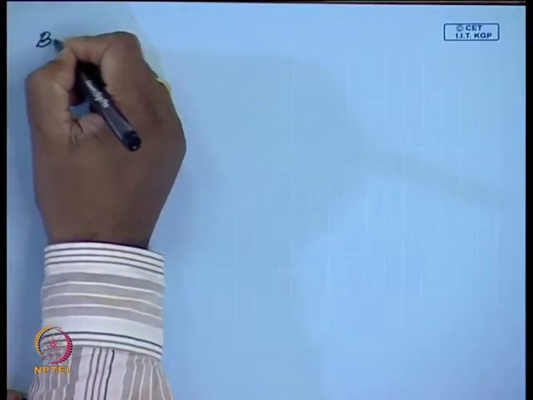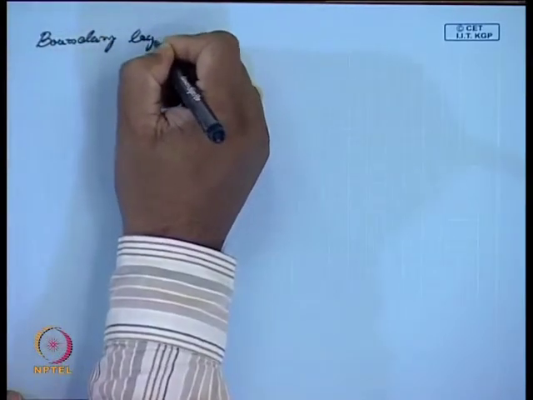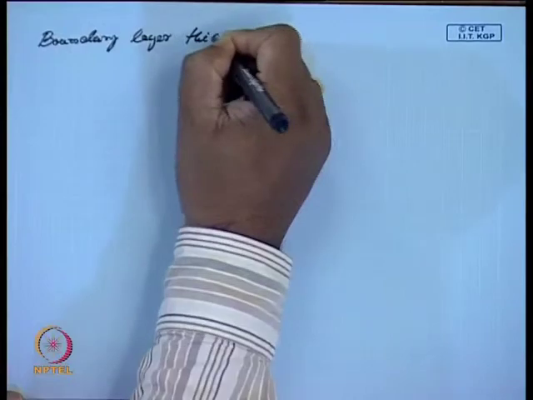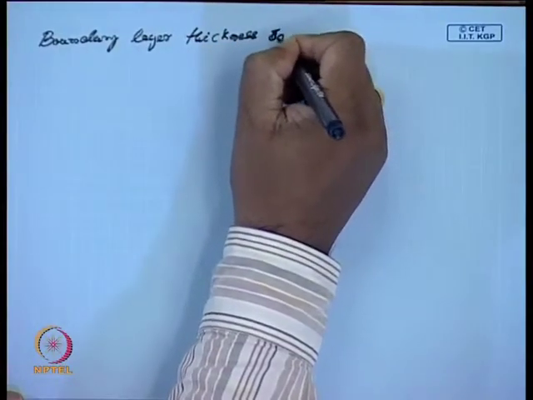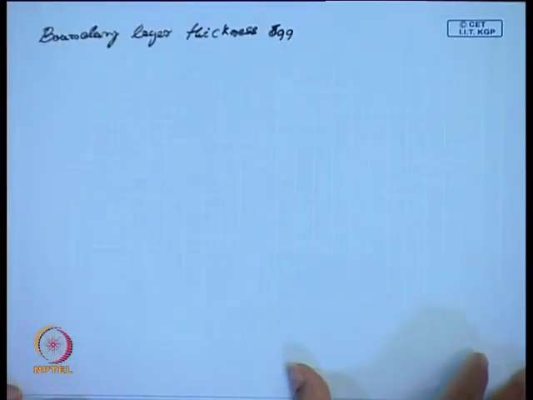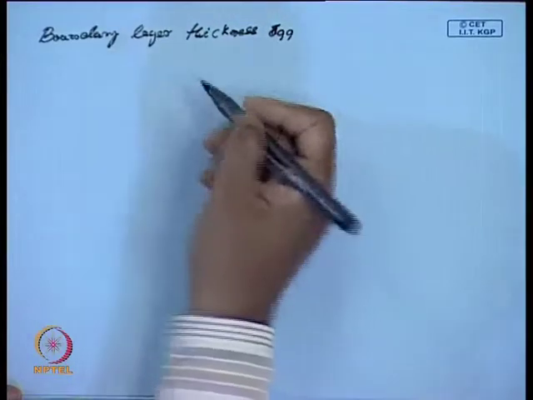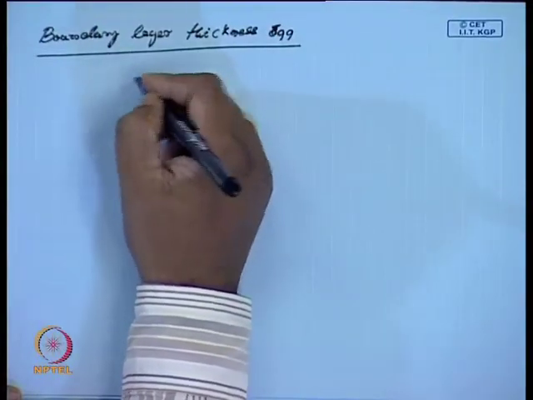Then we have something called boundary layer thickness, and that is called del 99.